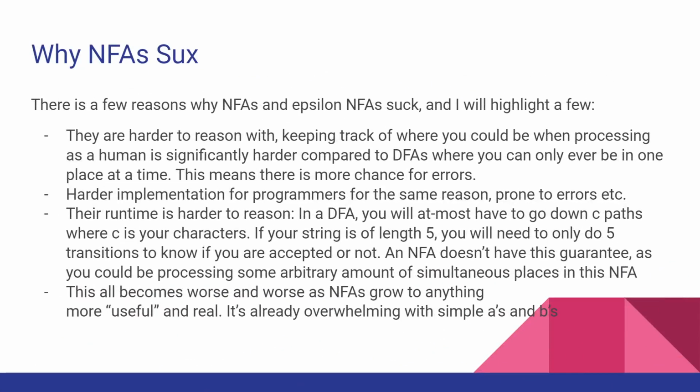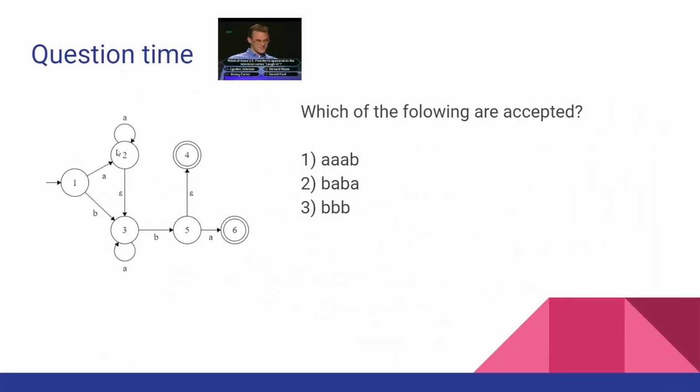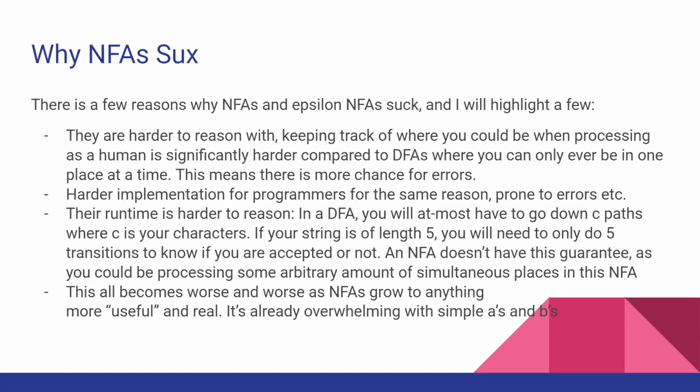However, in an NFA, we could be going down all sorts of paths and processing all different types of paths. I wouldn't say they're necessarily more inefficient because an equivalent DFA could be larger, but it's harder to reason about their runtime.